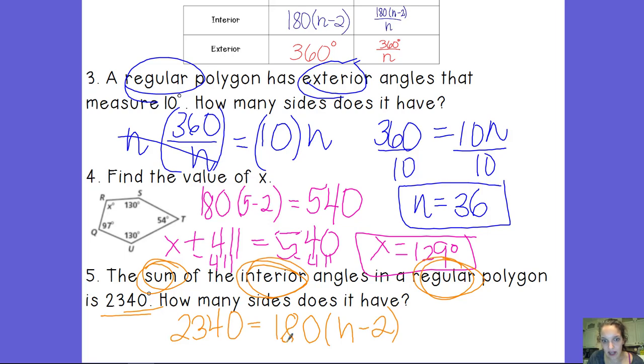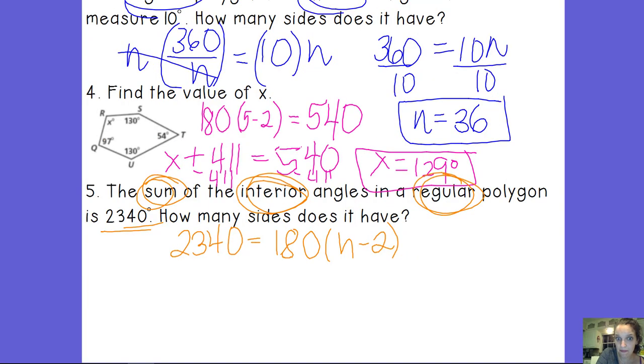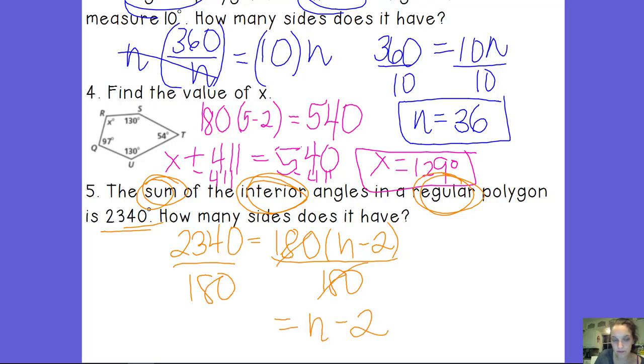I have two strategies. I can either distribute the 180 and then solve for n, or I'm just going to divide off the 180. I'm left with just n minus 2. 2,340 divided by 180 is 13.